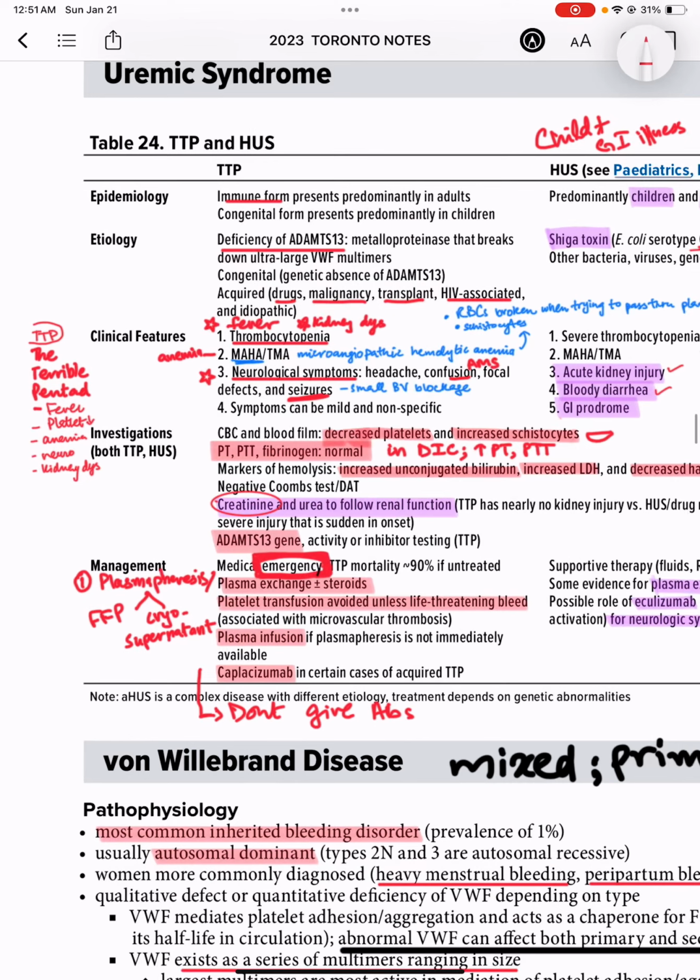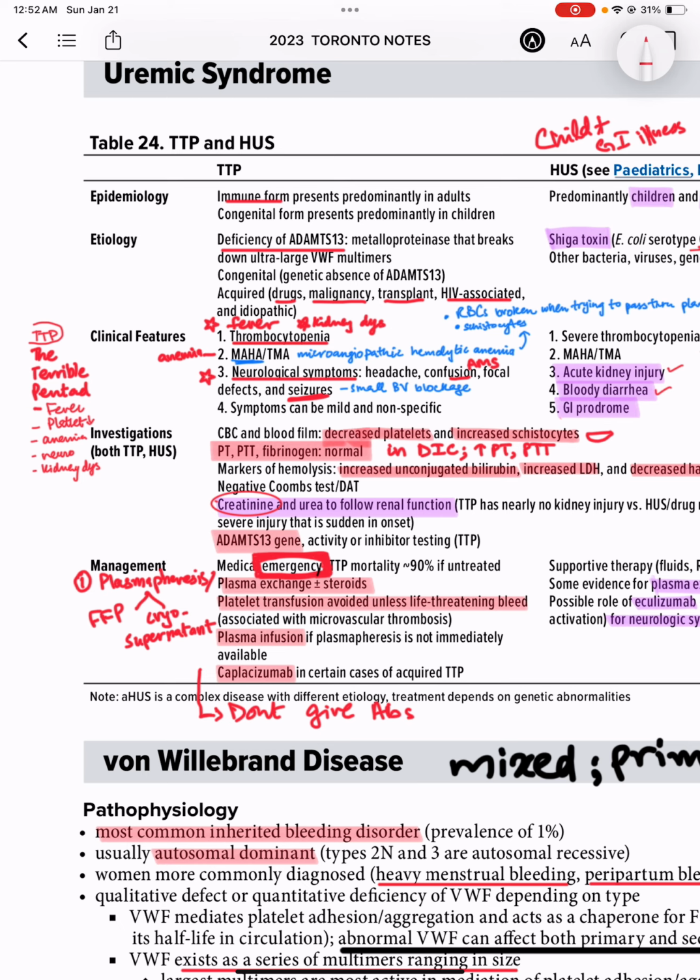We discussed the clinical features. In investigations, we're going to go with CBC and blood film. Of course, this involves the absence of ADAMTS13, and then because of that the von Willebrand factor is not cleaved, and there is a lot of plaque formation, but the platelets get decreased in the circulation, so there is thrombocytopenia, and because of the plaque formation, RBCs passing through it would have increased schistocytes.